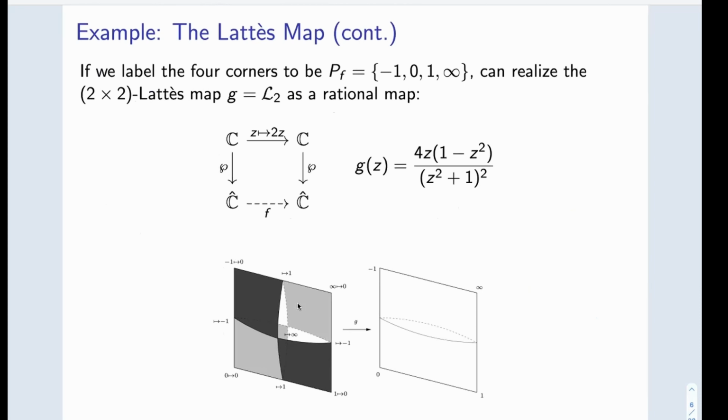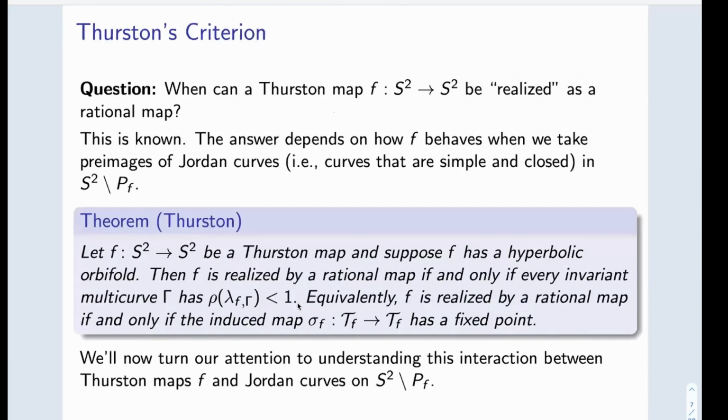And this kind of leads to a very important question in the theory of these Thurston maps, which is, when exactly can a Thurston map be realized in some sense by a rational map? Thurston maps, again, were a topological model of rational maps with finite postcritical sets. So, it should be possible to say when exactly that happens.